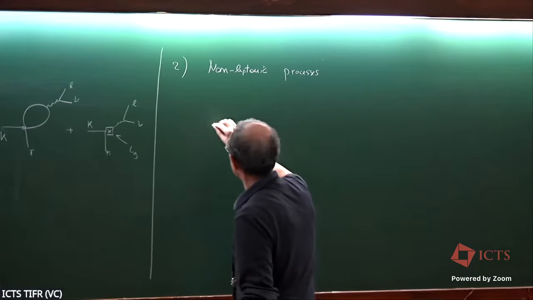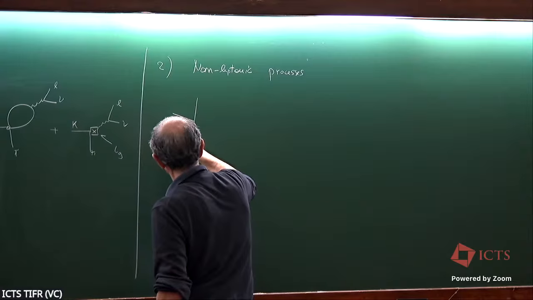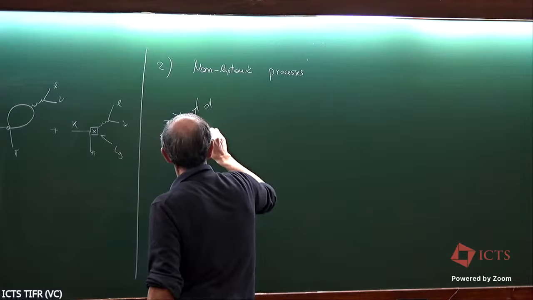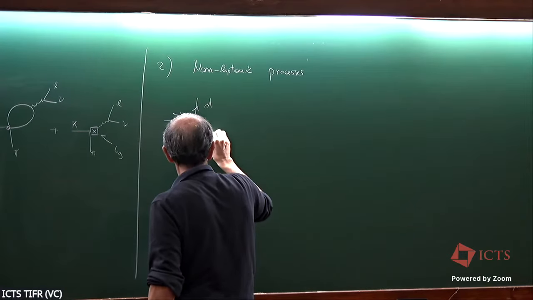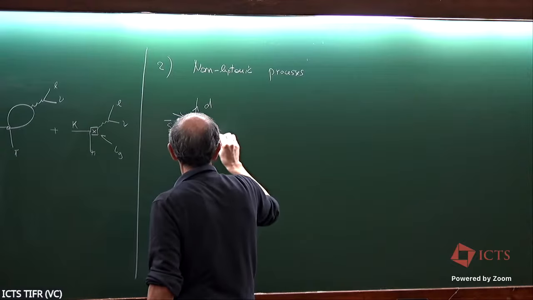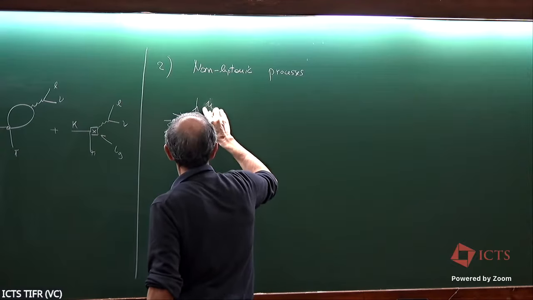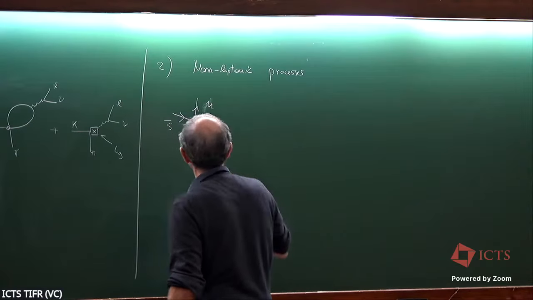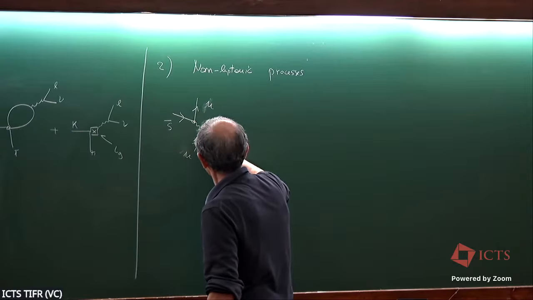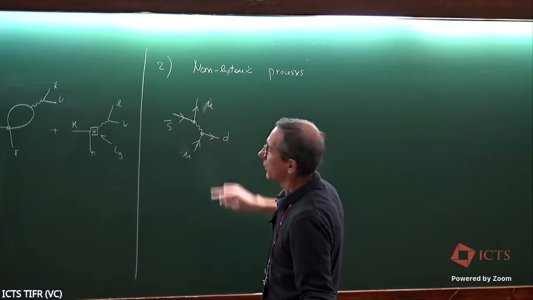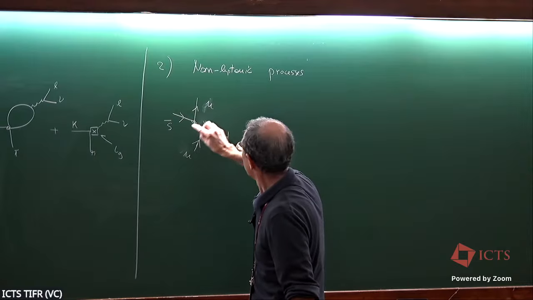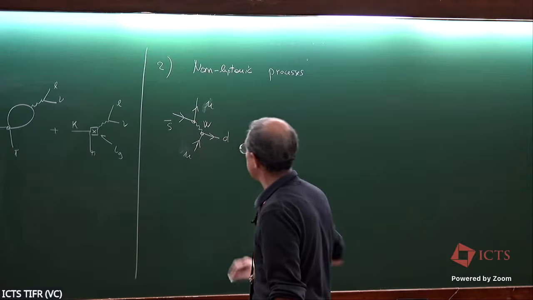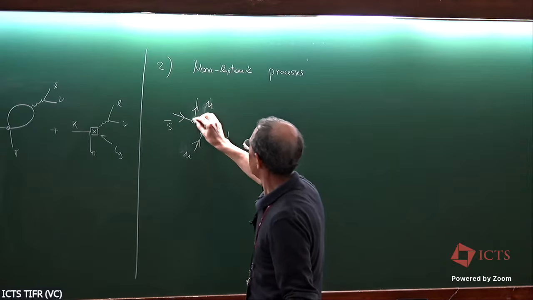Okay, for instance, if I want to describe something like this, S to U, sorry, S to U, and then I have my U to D. So this is, for instance, a weak interaction, coupling two quark currents. This is complicated because now my W interacts with two quark currents.